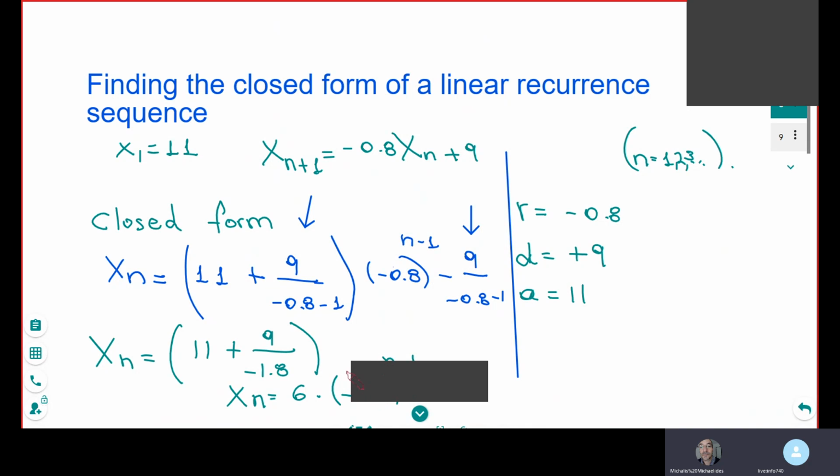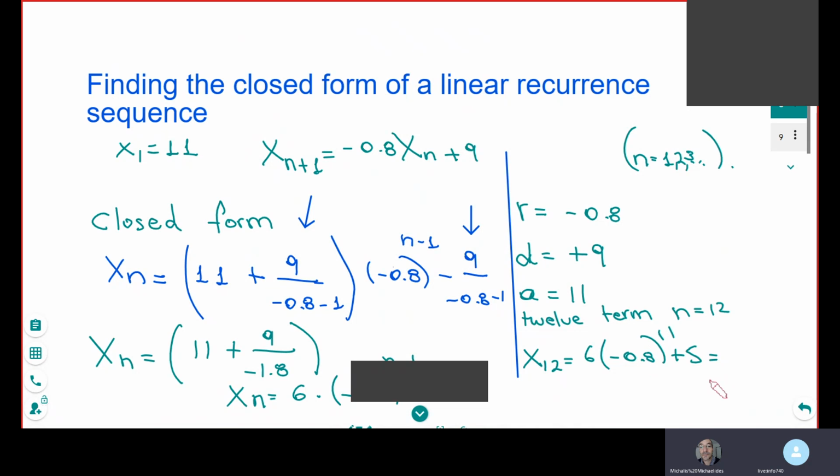It's a closed form because if I want to find the 12th term, all I need to do is to put n equals 12. Let's say I want to find the 12th term. All I need to do is to replace n equals 12 here, and this gives you x 12 is equal to 6 times minus 0.8 to the power of 11 plus 5.